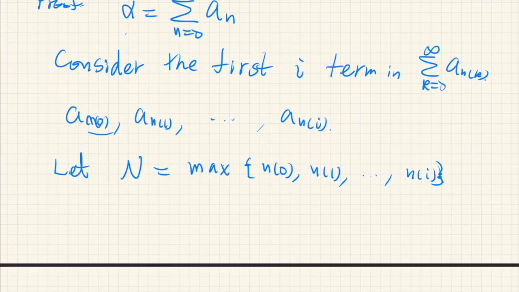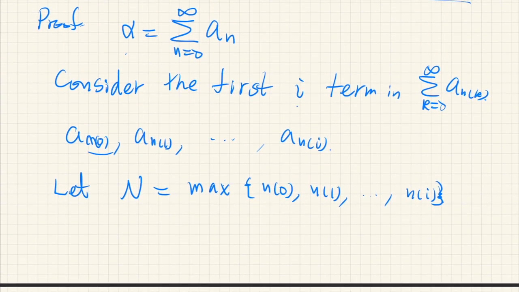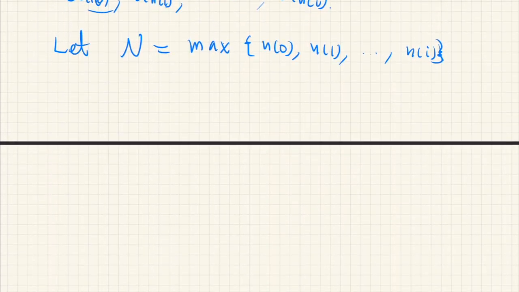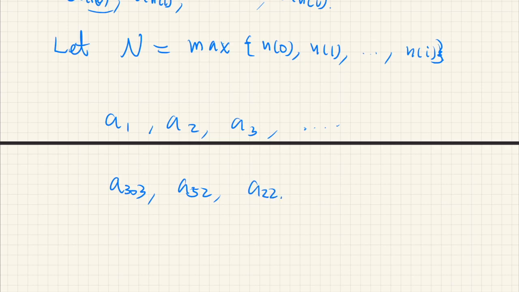For example, let's take the first 3 terms. Say we have this original sequence, and if we permute the indices, we may have a_303, a_52, a_22.